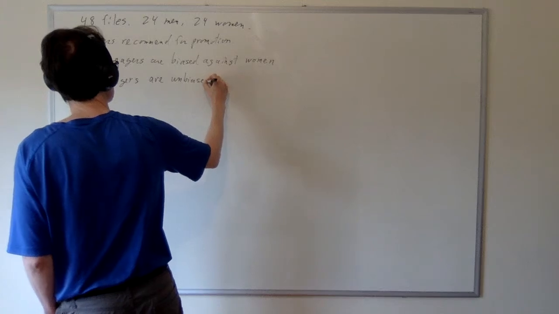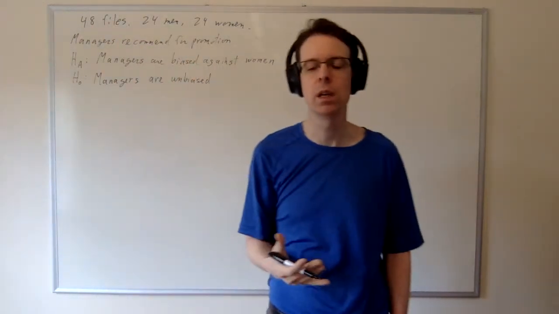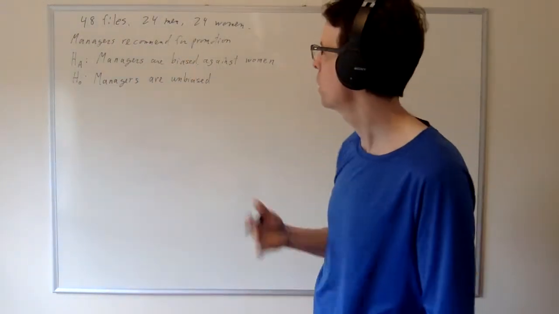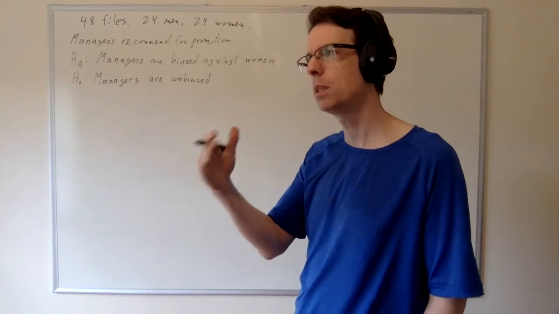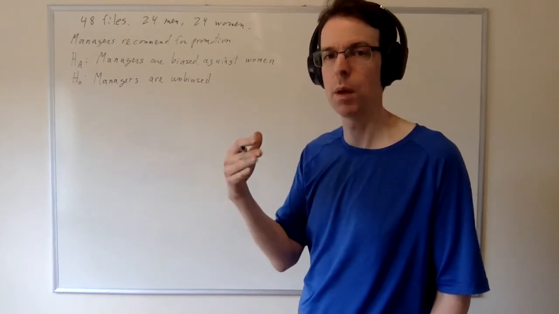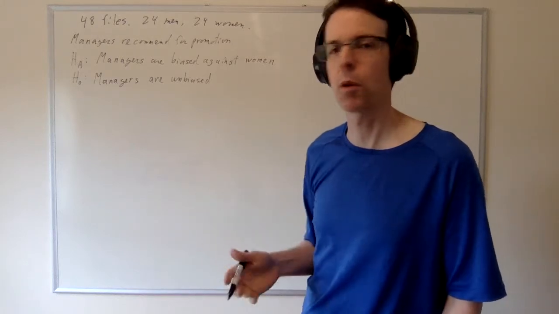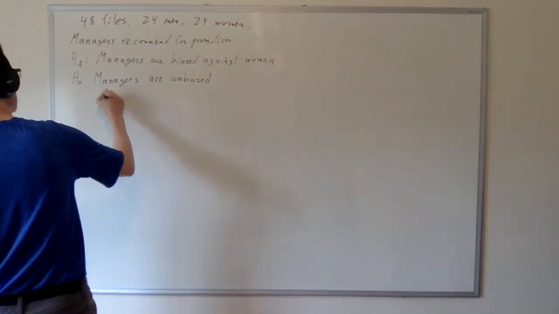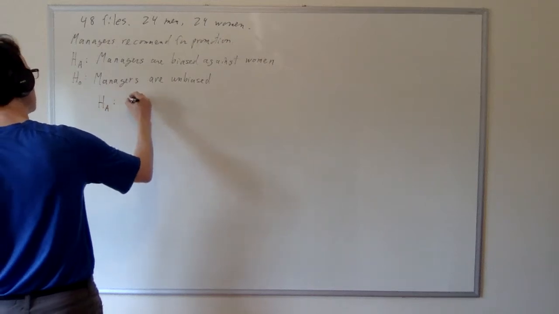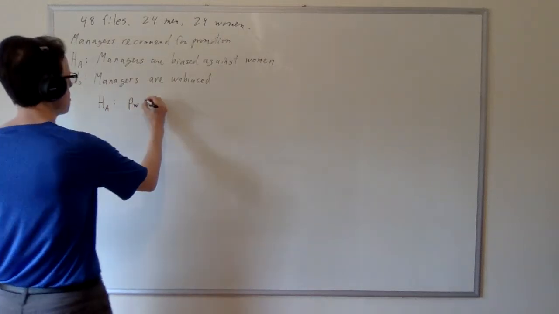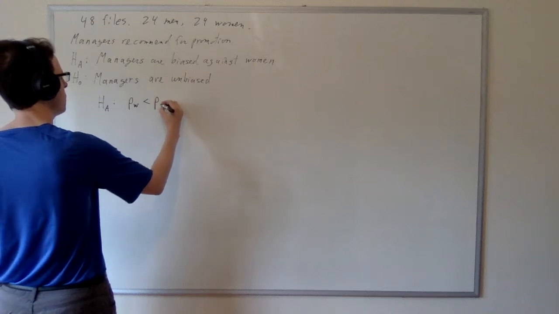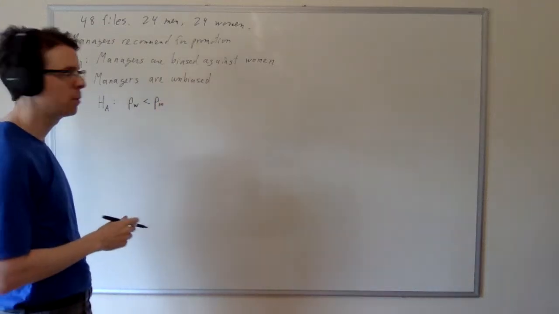Now, these hypotheses can be phrased in terms of probabilities. We're going to write the probability as P sub W for the women and P sub M for the men. That's the probability of getting recommended for promotion. So here, the alternative hypothesis will be that the probability of women getting recommended for promotion is actually less than the probability of men getting recommended for promotion.